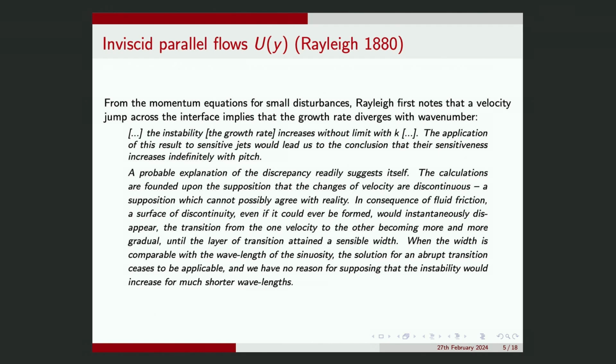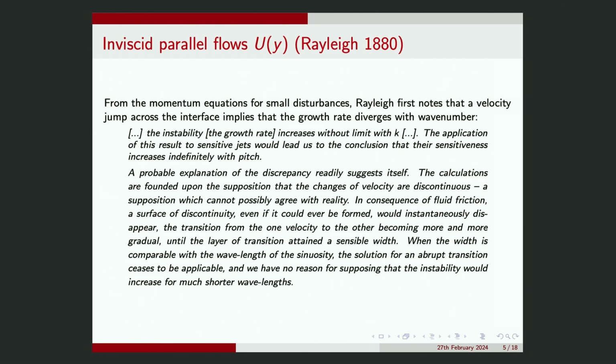From the momentum equations for small disturbances, Rayleigh first notes that a velocity jump across the interface implies that the growth rate diverges with wave number. The instability increases without limit with k. The application of this result to sensitive jets would lead us to the conclusion that their sensitiveness increases indefinitely with pitch. A probable explanation of the discrepancy readily suggests itself.